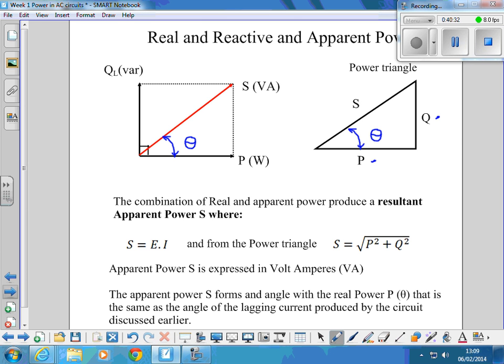The apparent power forms an angle with the real power, theta, that is the same as the angle of the lagging current produced by this circuit discussed earlier.